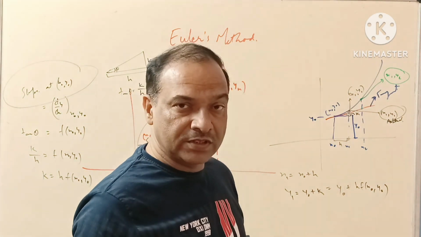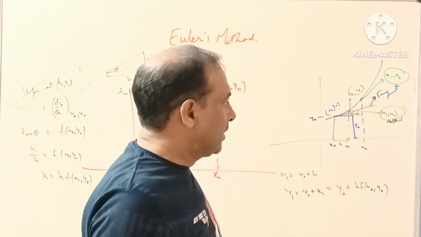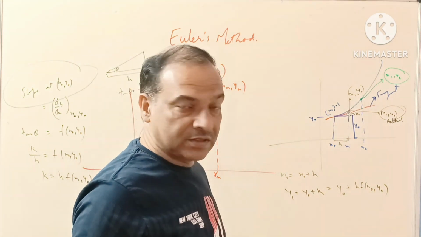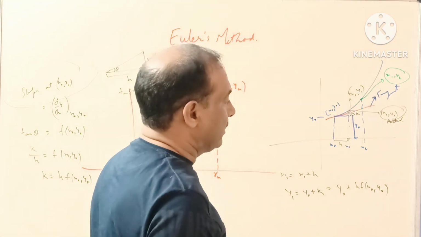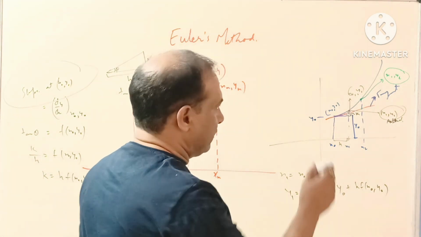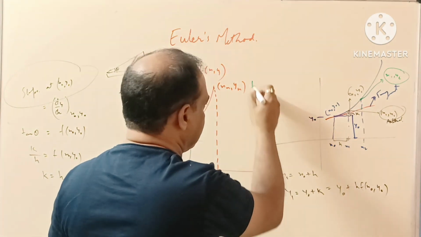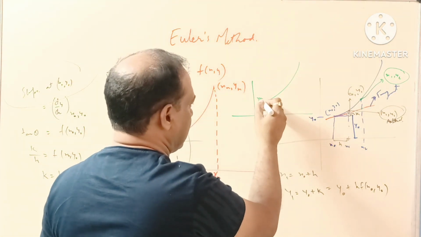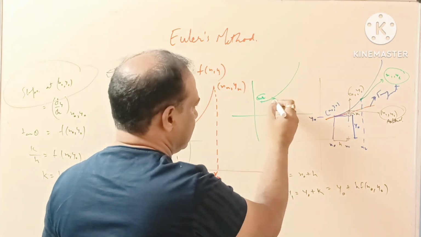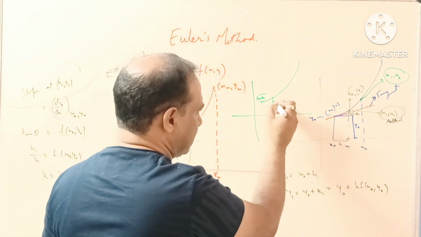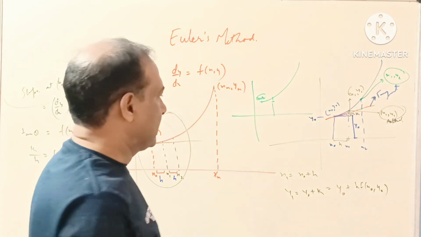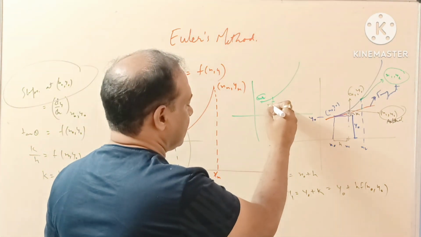To overcome all these things, we have to make a tangent at every point. For instance, here at the point x1, y1. If I draw another graph here, this is the point x0, y0, and this is the approximate point x1, y1.